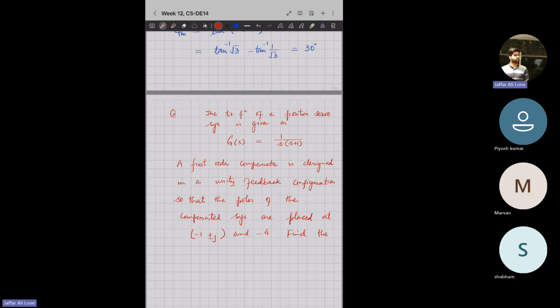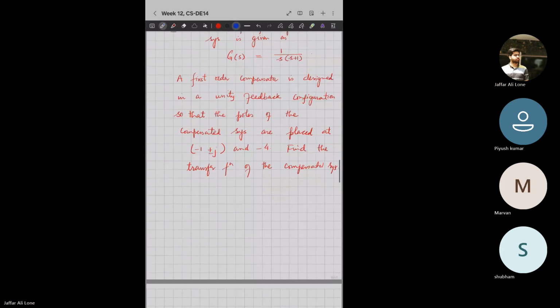Now let's examine. Initially you are given a plant, the transfer function of which is 1 divided by s into (s plus 1). This is the transfer function which is given, and then a compensator is designed in a unity feedback configuration.